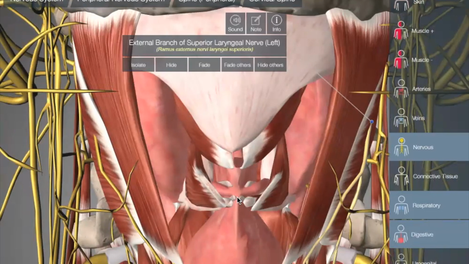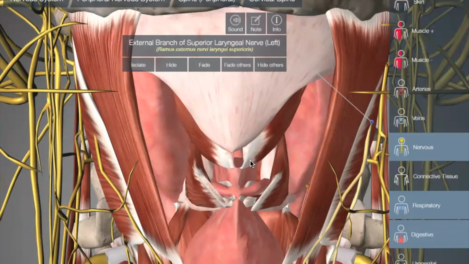Again, recurrent laryngeal: sensory innervation to the infraglottis, and it allows the contraction of those muscles. Okay? The next one, superior laryngeal nerve.